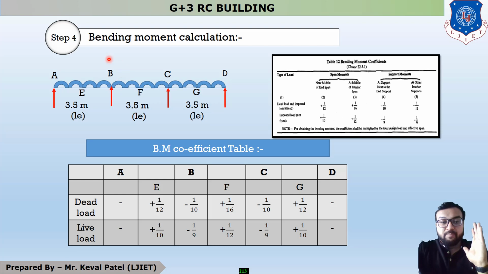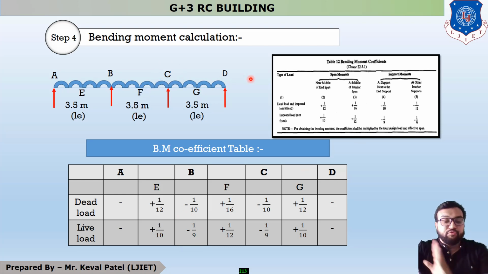So for B, we have to refer to the case at support next to the end support. So for dead load, your coefficient is negative 1 by 10, and for live load, your coefficient is minus 1 by 9.